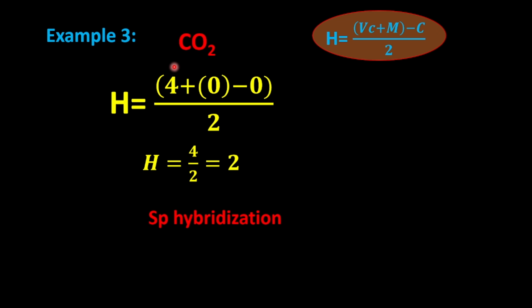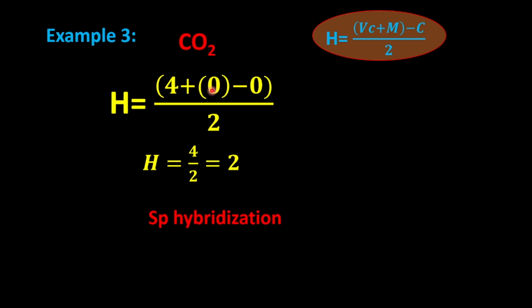So we need to know the valence electrons for carbon. Writing the configuration, that will give us 2, 4. That is with atomic number of 6. Valence electrons here is equal to 4, and that is what is inserted over here. Is oxygen a monovalent atom?